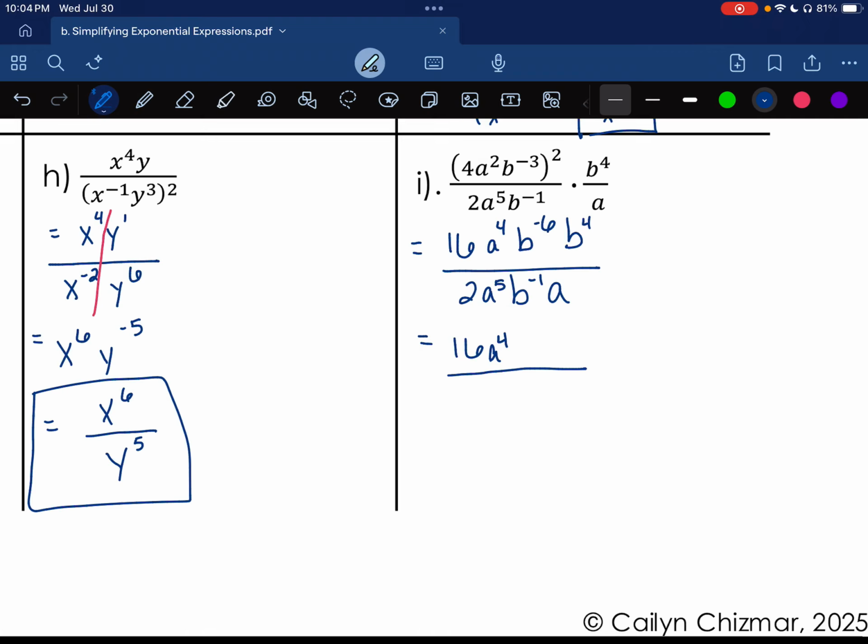And then the denominator, I'm going to have 2. Again, I'm going to combine these a's, so I'll have a to the 6th, and then b to the negative 1st. And then again, I'm just thinking about 16 over 2, a to the 4th over a to the 6th, b minus 2, b minus 1.